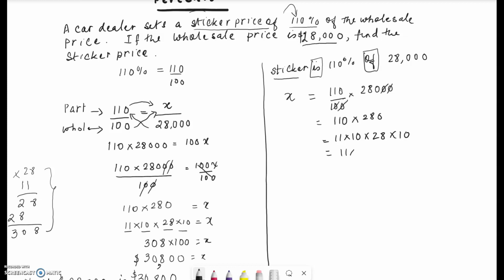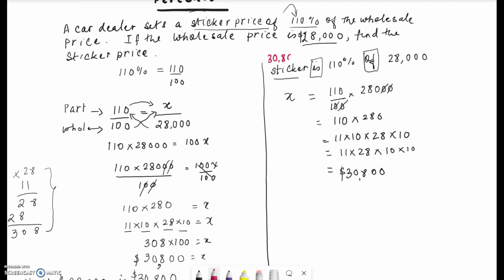So we basically can multiply 11 and 28 and then at the end add 2 zeros because it's like times 100. So that is equal to 30,800.